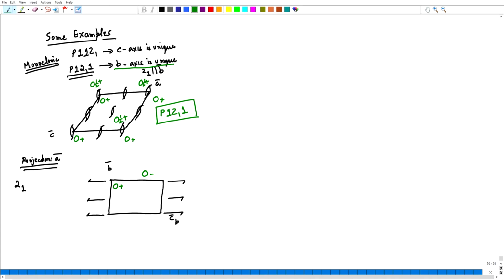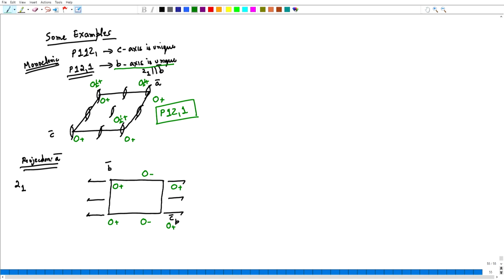Then again rotate through 180 degrees, it comes above the plane, and another translation will bring the motif out here. Translation will bring these motifs in this fashion.